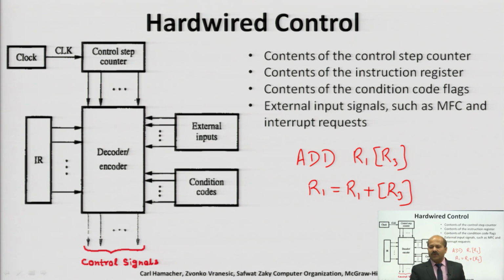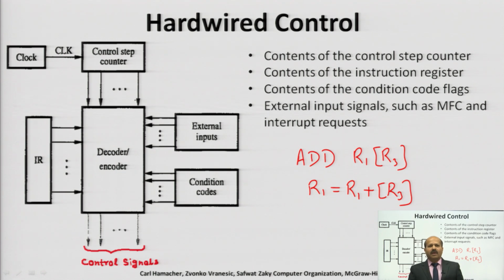The read signal will be issued accordingly, and after fetching, the instruction will be available in the MDR register or memory data register, which is transferred to the instruction register, and from the instruction register the instruction decoder will decode this instruction, and accordingly various control signals are issued. So, let us talk in detail about this control, how this control unit will work and how these control signals are issued.